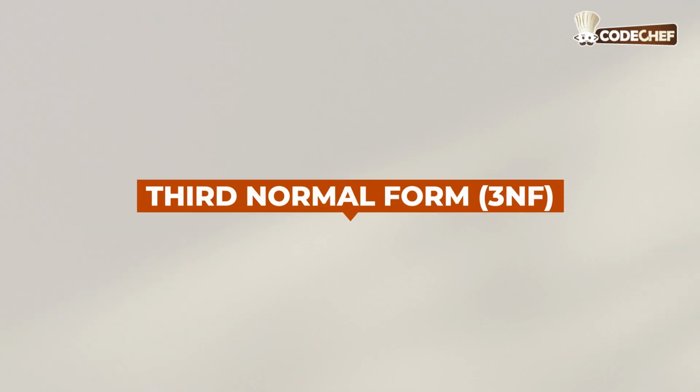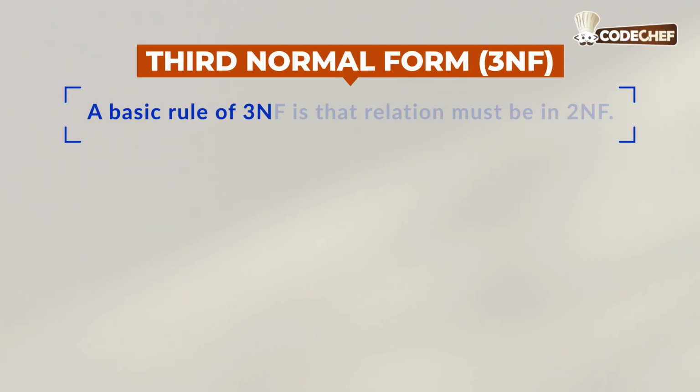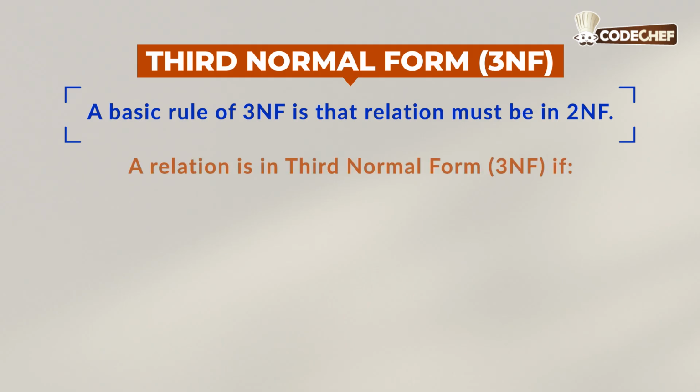Then third normal form or 3NF. A basic rule of 3NF is that the relation must be in 2NF. Just like for maintaining 2NF, a relation must be in 1NF, similarly, for 3NF, the relation must be in 2NF. And a relation is in third normal form if, first, it is in 2NF.